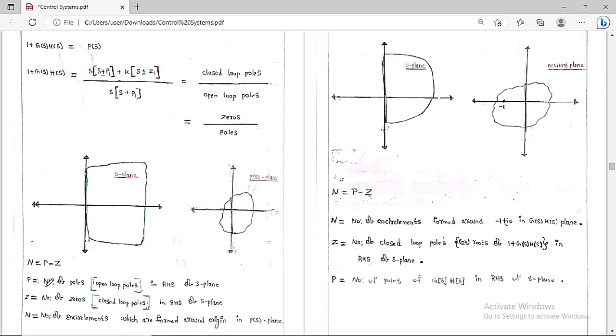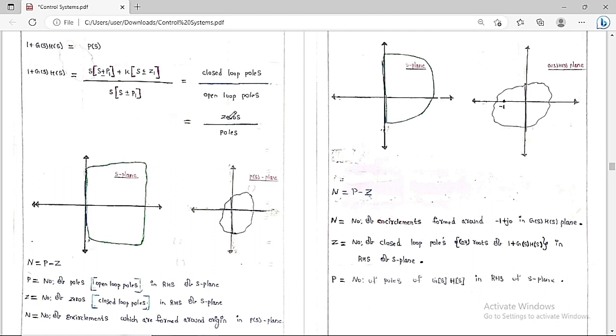So the formula is N is equal to P minus Z, where P is nothing but the number of poles which are going to lie inside the right half of the S plane. Poles here means open loop poles.